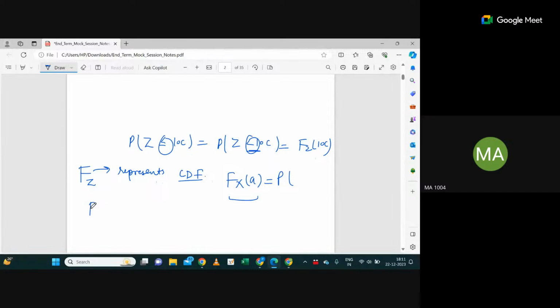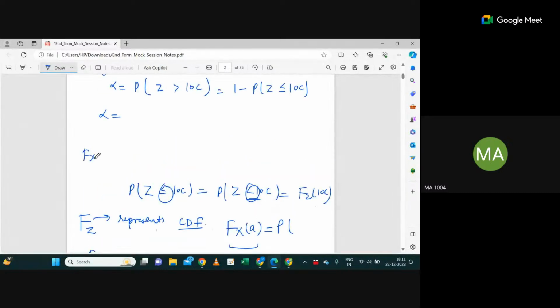Basically, I will tell you. F X of A is nothing but probability X less than or equal to A. That means whatever support or range of X there is, this CDF is itself defined like this. We have to accumulate all the probability till point A. If I want to convert anything into the form of capital F, then it should have the less than or equal to sign. It is in the definition of CDF. It's not that I'm doing 1 minus hypothetically.